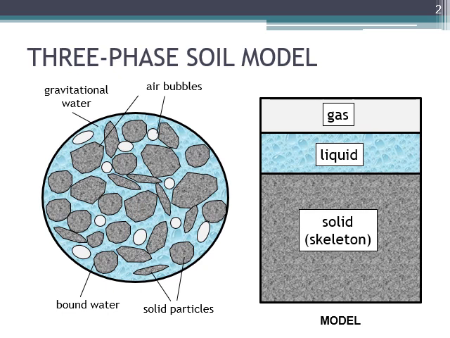If you looked at a soil sample using a microscope, you would see the soil particles. Between them, you would see probably water and air filling the voids between the particles.